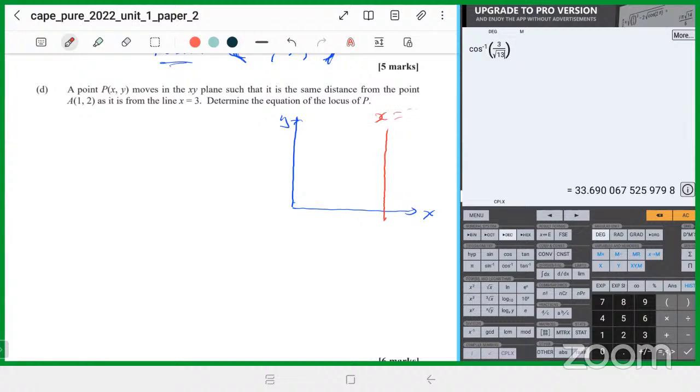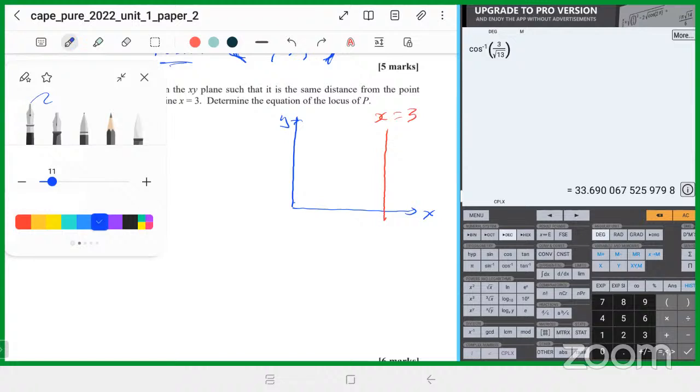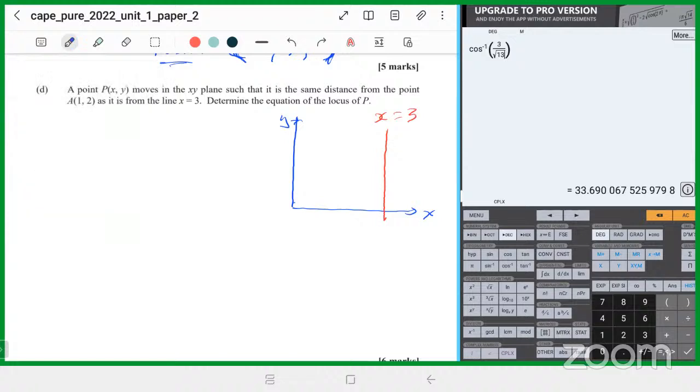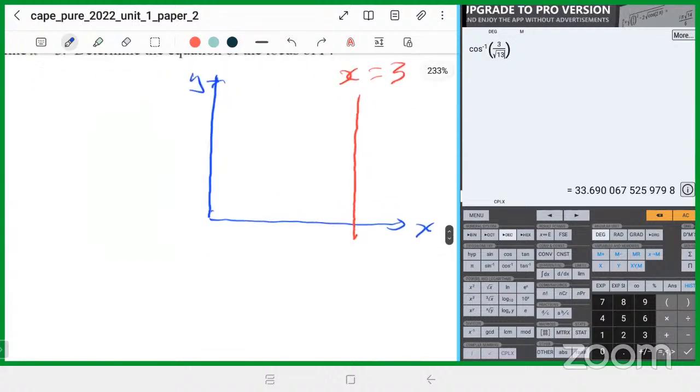Every point on this line has an x value of 3. Then I'll put this point A, which is 1, 2. Let's put it here. So this point A is the point 1, 2. And I'm going to put my locus point maybe around here. So point P, (x, y).